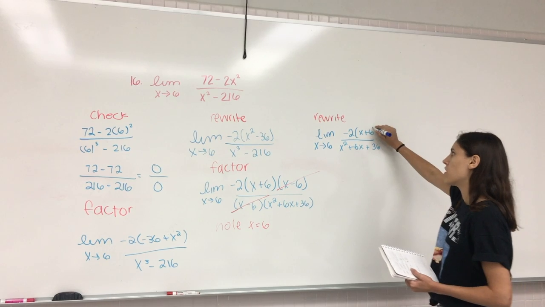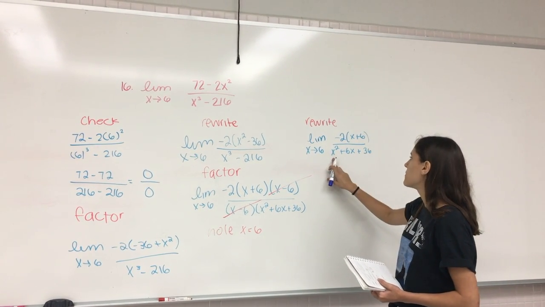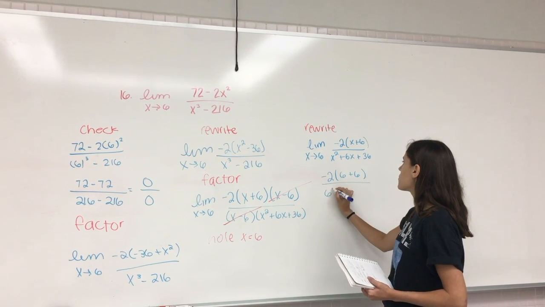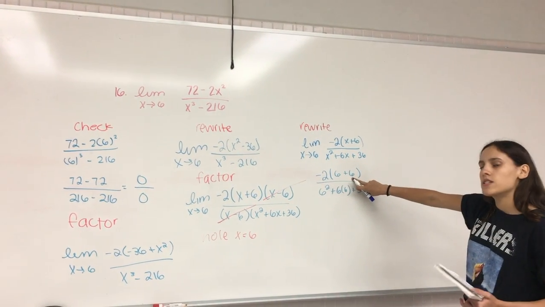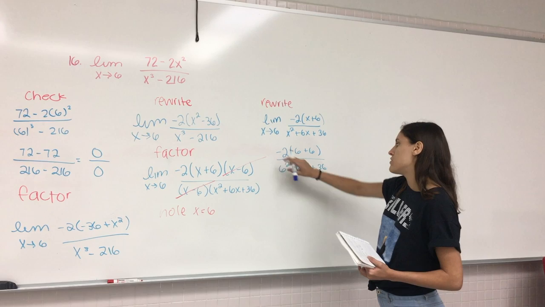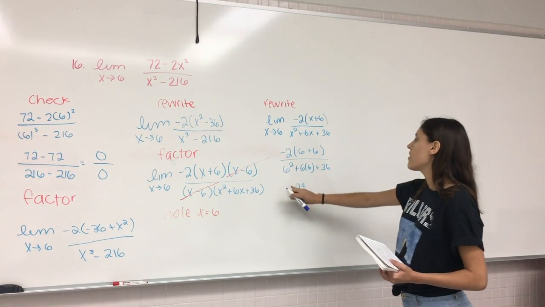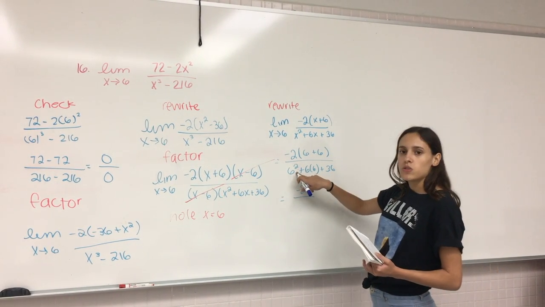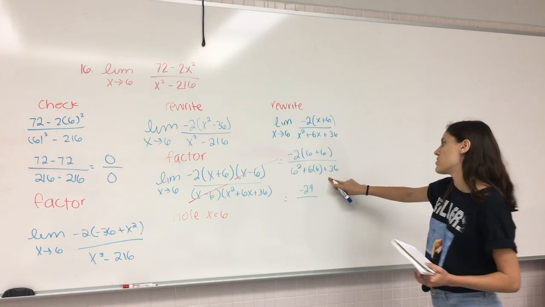Then you are able to plug in this 6 in these x's. Six plus 6 is 12 times -2 is -24 over 6 to the second is 36 plus 6 times 6 is 36 plus 36.